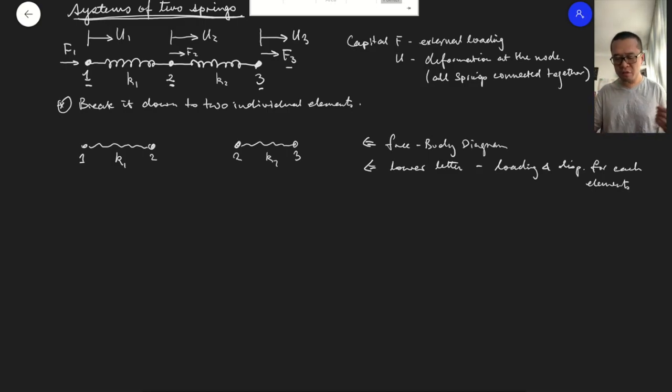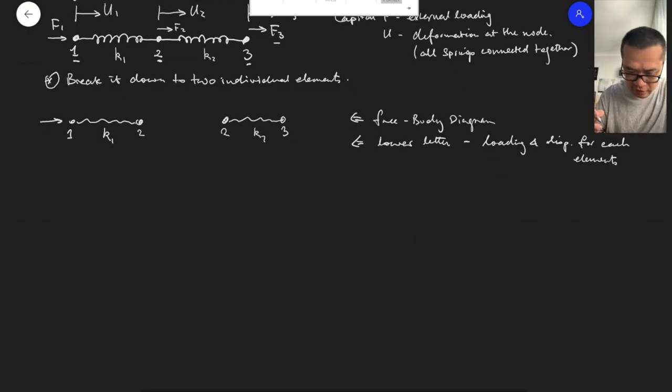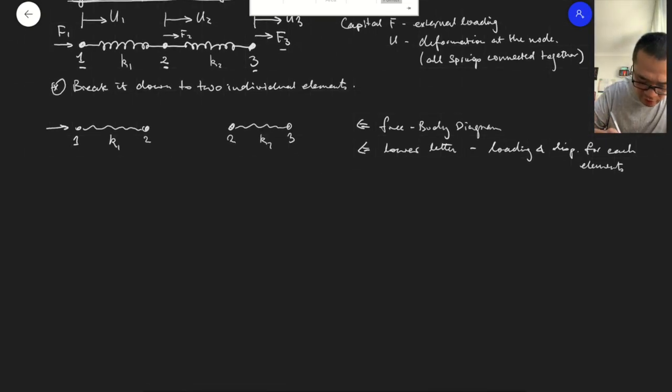Now what does that look like? We will say the force on node 1 is exerted from spring 1. So we will say lower case f1 with bracket 1, that means from spring 1.